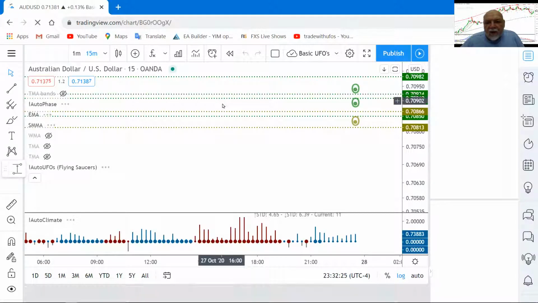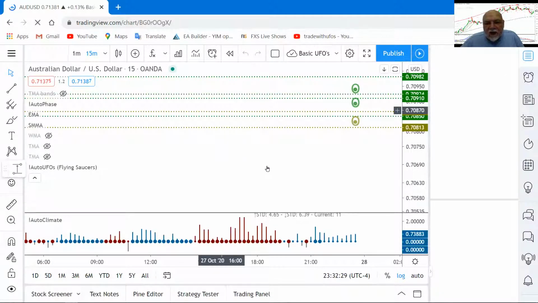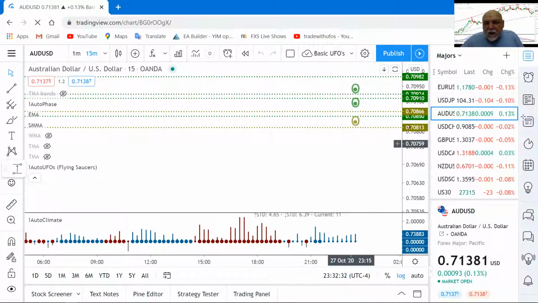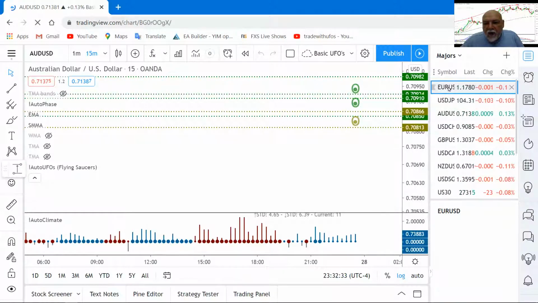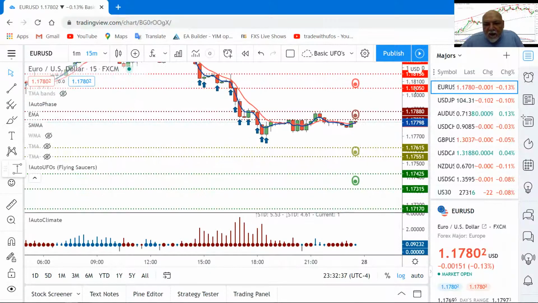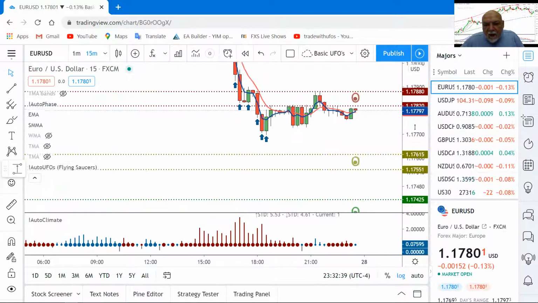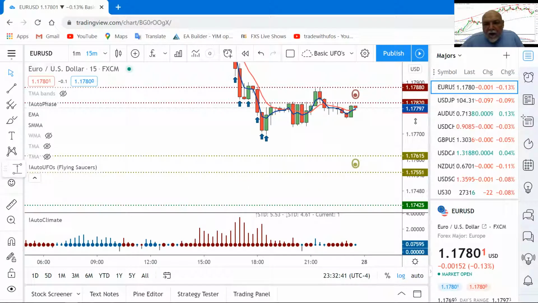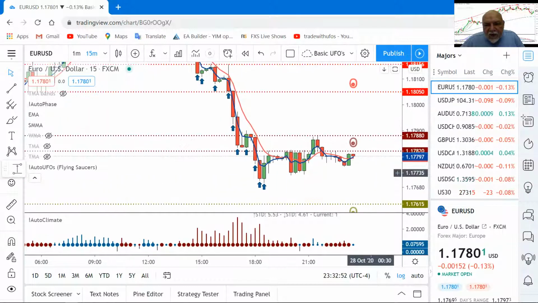So let's go ahead and switch these charts. Looking at the Euro USD, and open this up a little bit. All right, so we were looking at going long at this point on the MT4 chart.